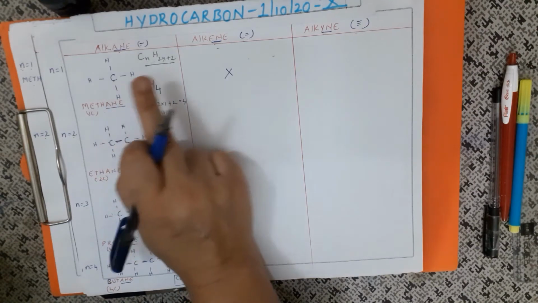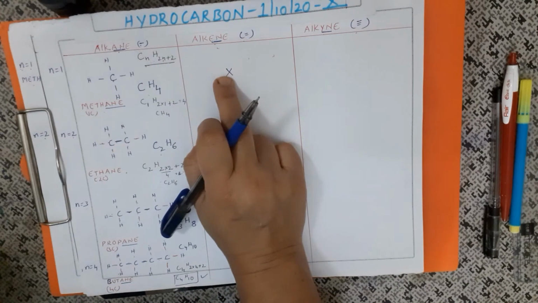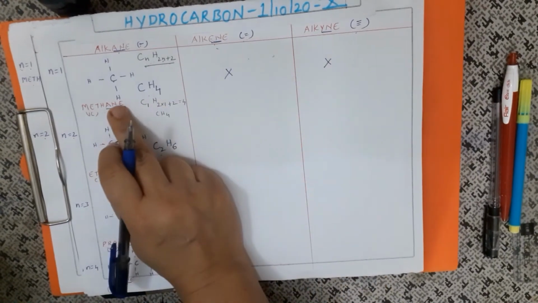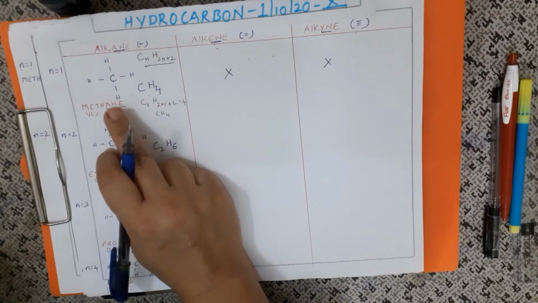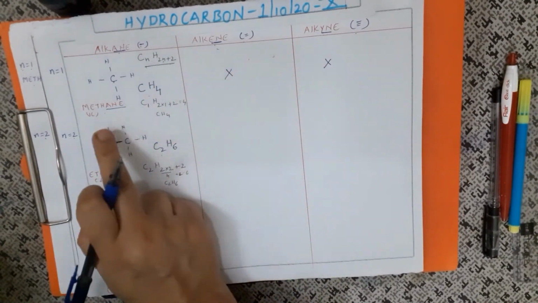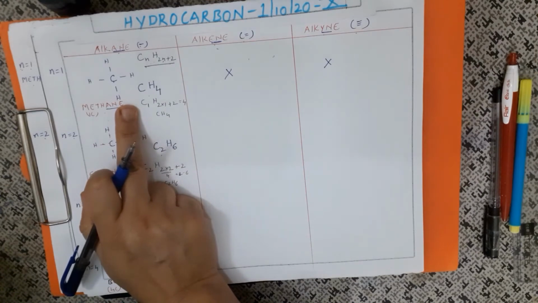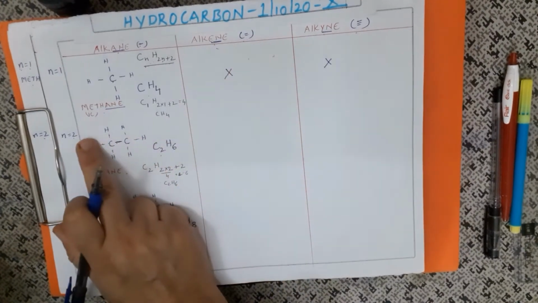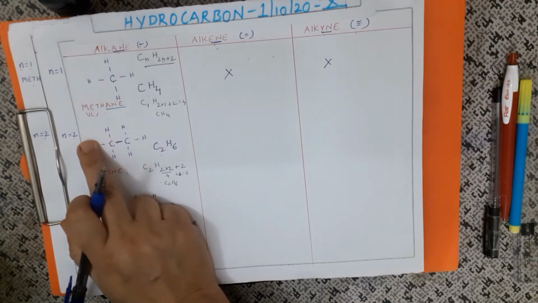So that is why there is no alkene and alkyne of the meth group, because there should be a double or a triple bond existing between two carbons, which is not possible with a single carbon.